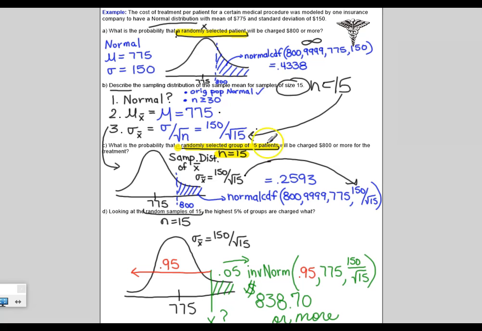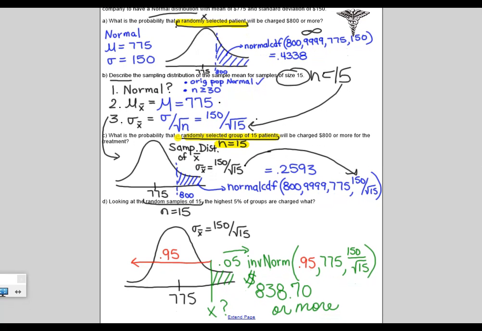We could also use the inverse norm, or have a question where we would use inverse norm in the sampling distribution. So for D, it says if we're looking at random samples of 15, that's just letting us know we are talking about the sampling distribution and not the original population. The highest 5% of groups are charged what? This is what we're trying to find.